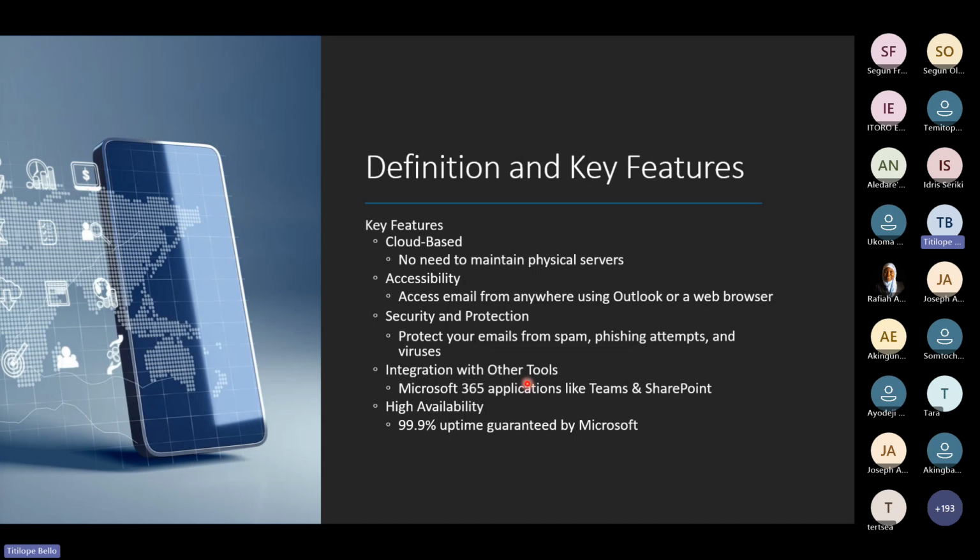And then the other thing we have is integration with other tools. Your Exchange Online integrates seamlessly with other Microsoft 365 applications, like Microsoft Teams, SharePoint, and even OneDrive. So when we say integration, for instance, right from my email, I can decide to post a message into a Teams channel or Teams group, and everybody in that team will be able to access that message that I have posted.